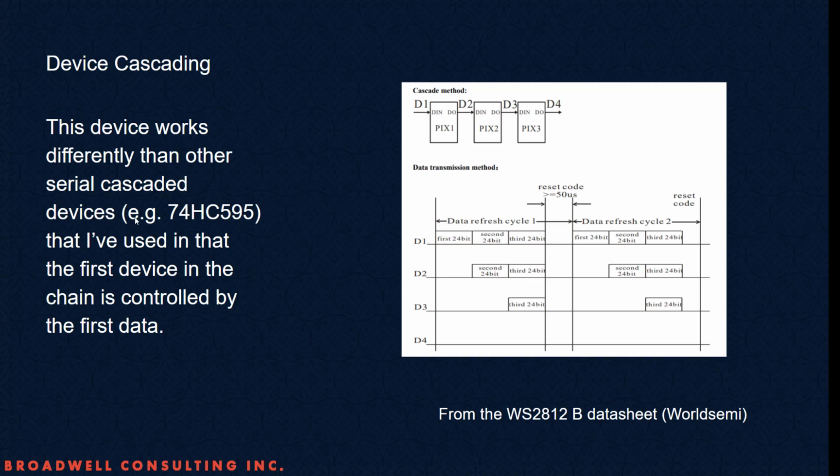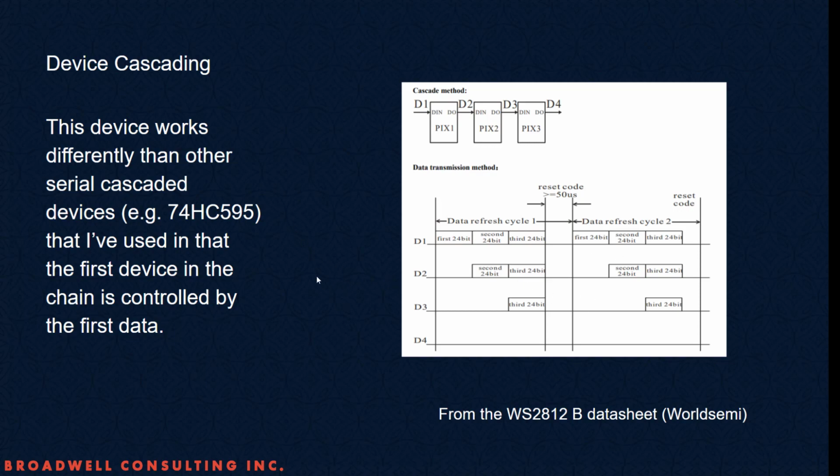For instance, you may have used the 74HC595 in the past to expand the number of outputs that you have, say, on an Arduino or other things. These devices can also be cascaded, but in other devices I've used, the last data sent out ends up in the chip that's closest to the microcontroller. This is opposite of that.